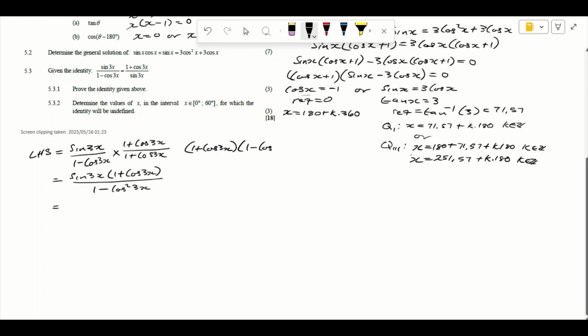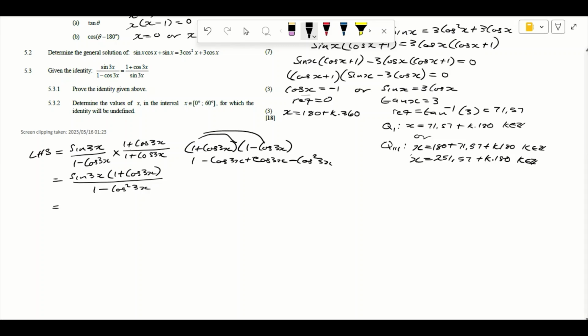From the FOIL method, 1 times 1 is 1, negative cos 3x times 1 is negative cos 3x, this is positive cos 3x, and here I'll have a negative cos squared 3x.